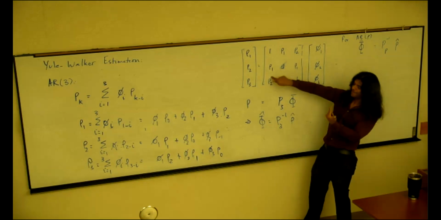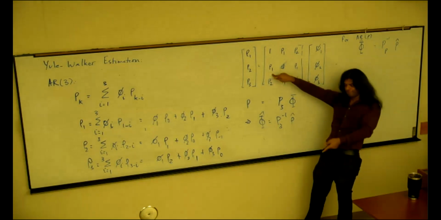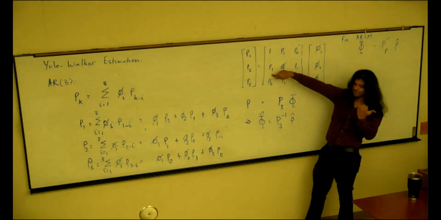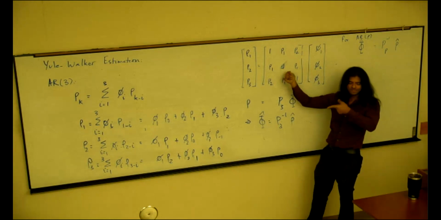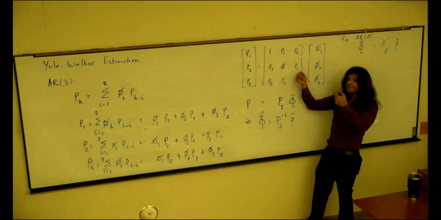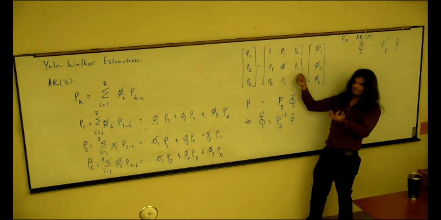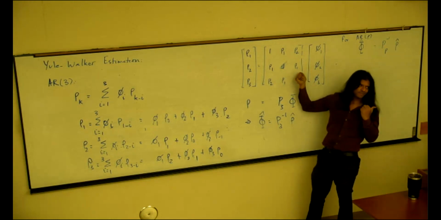Back down here, column 1, row 2: 2 minus 1, 1; 2 minus 2, 0; 2 minus 3, negative 1. But we know negative 1 is the same as positive.